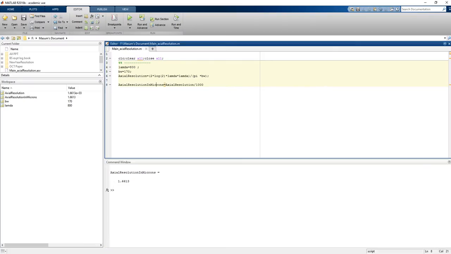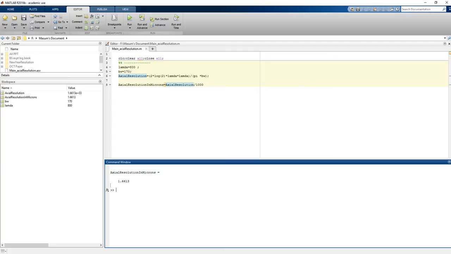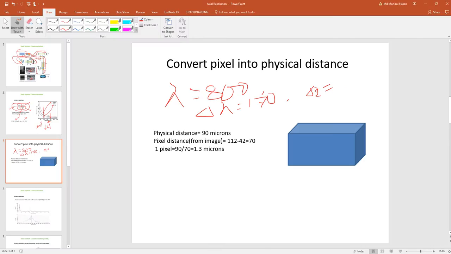Here in MATLAB, lambda is 800, bandwidth is 170, and if you use this formula and run it, we find that the axial resolution is 1.66 microns. This is a theoretical calculation, but in practice you will find the resolution is a little bit higher because of noise or the position at which we take the image.